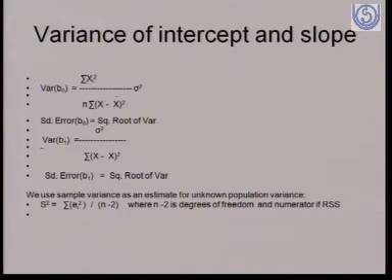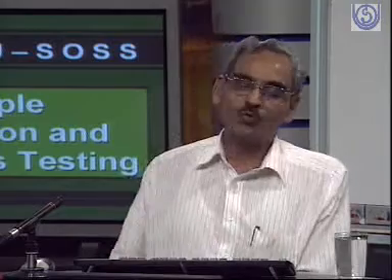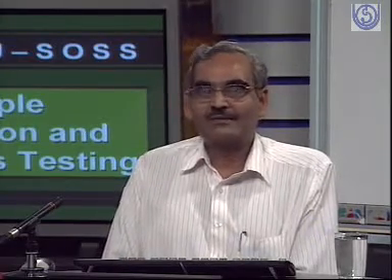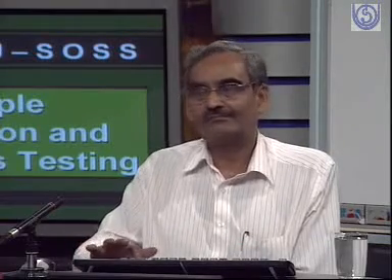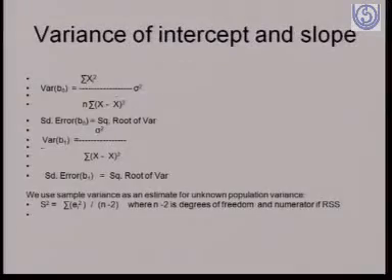One problem which we have to face many a time is that population variance is not known to us. In that situation, we try to make do with sample variance. And the sample variance, my previous slide shows, last line, S square, the sample variance, equals sigma ei square divided by n minus 2.